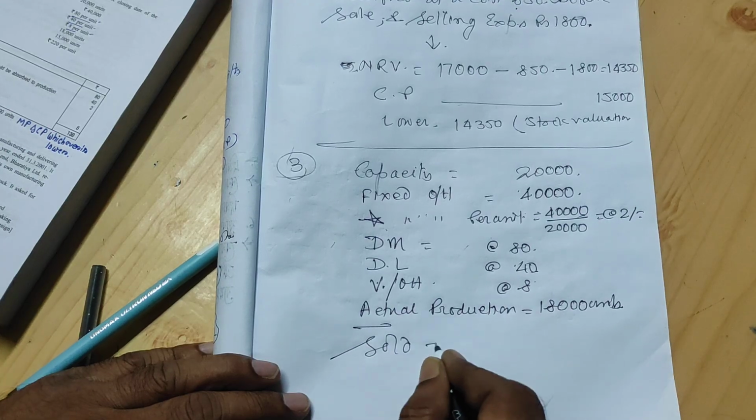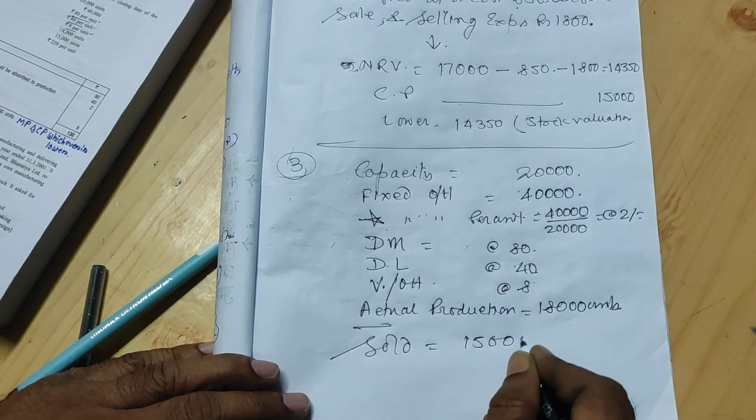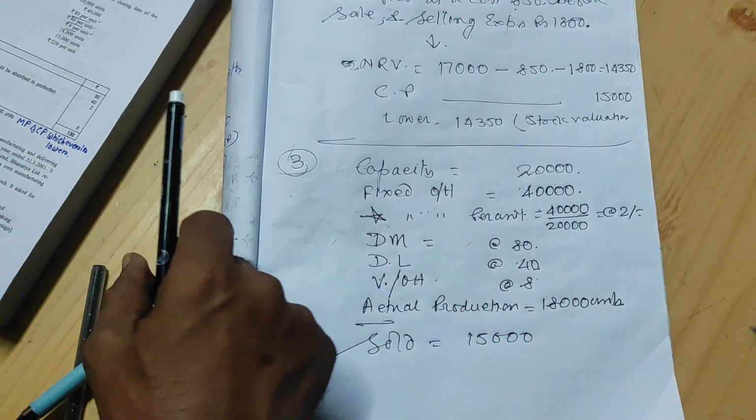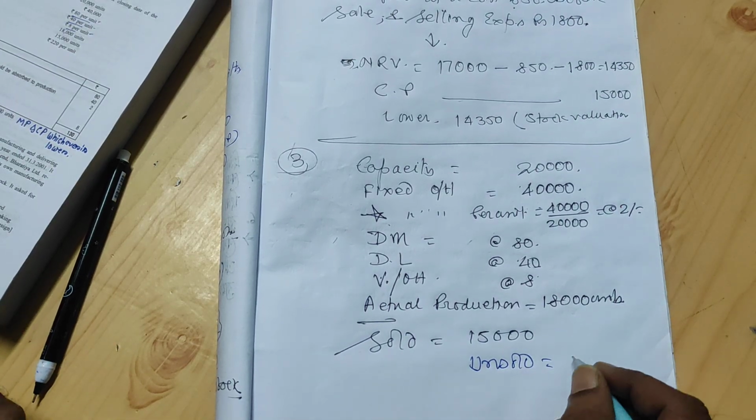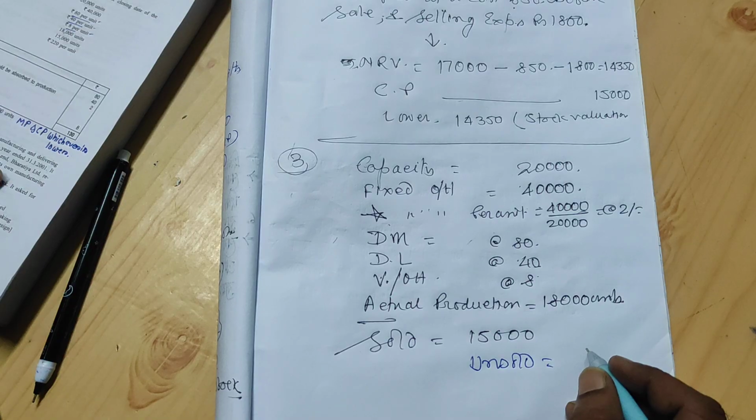Sold were 15,000. Simply, how much amount is unsold? 3,000.